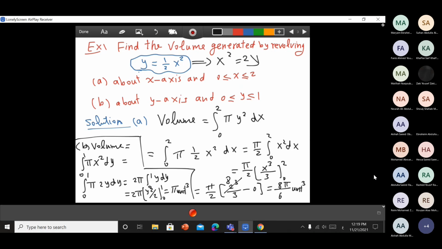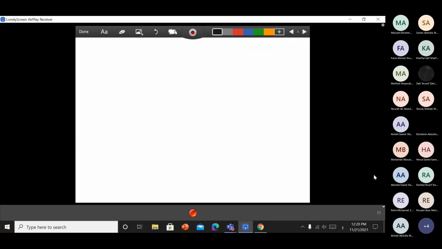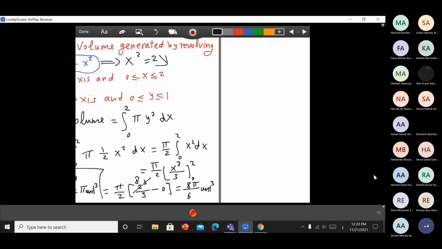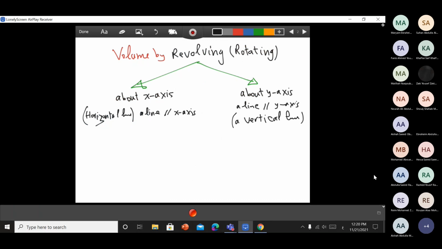Now, let's go for another method of finding the volume by revolving. Okay. This method, we call it what? This method, we call it the disk method.